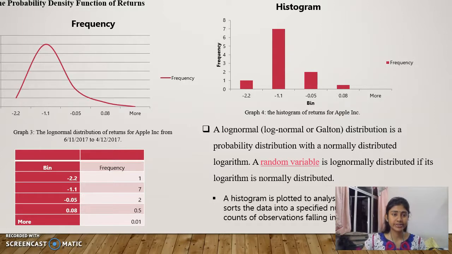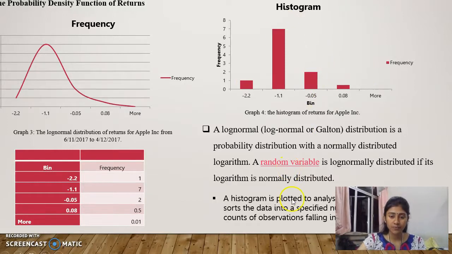And this is the probability density function of returns. From graph 3, we can see the stock price is log normal distributed by using mean and frequency. So a histogram is plotted to analyze the distribution.